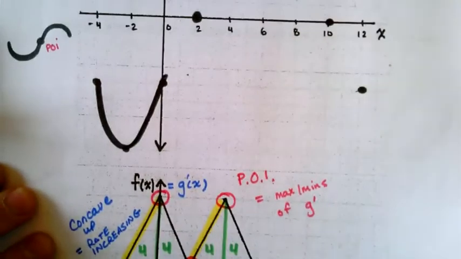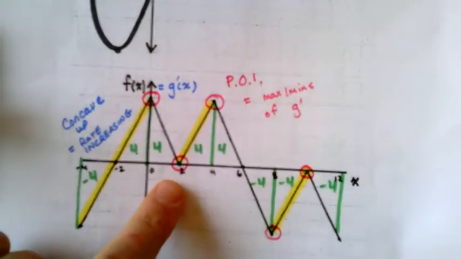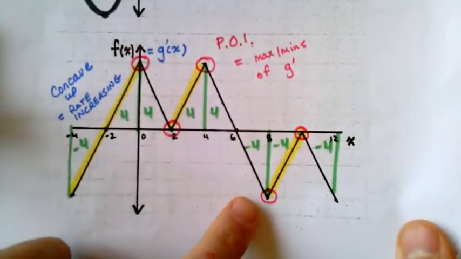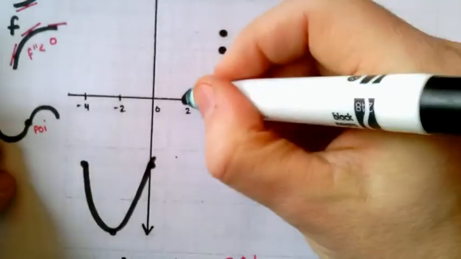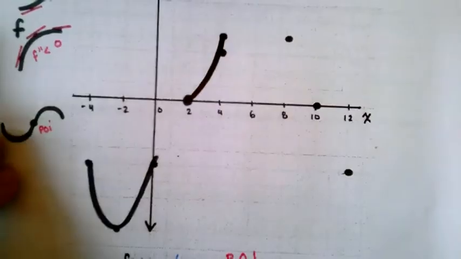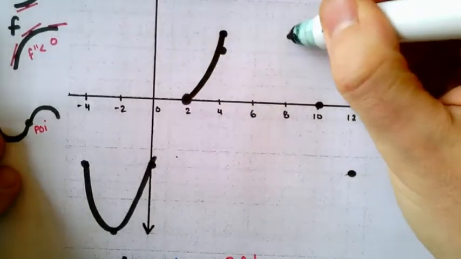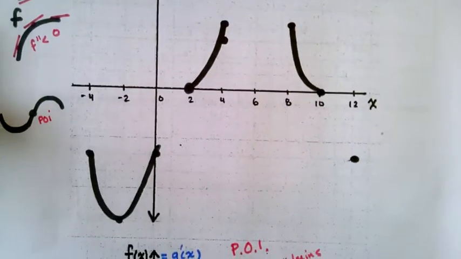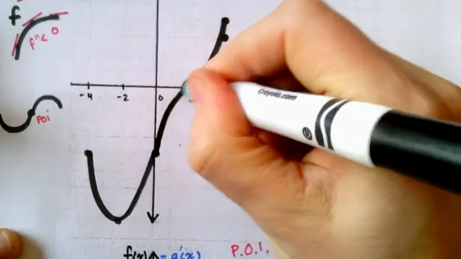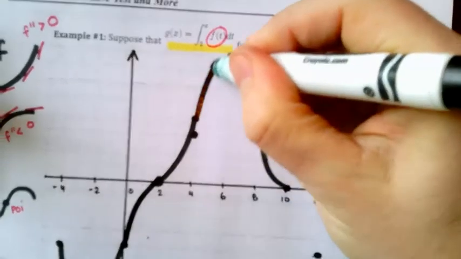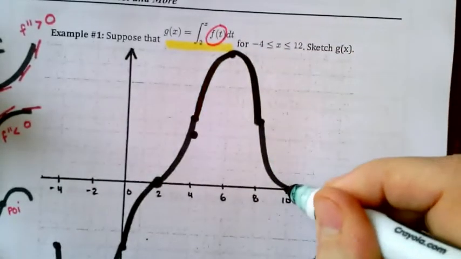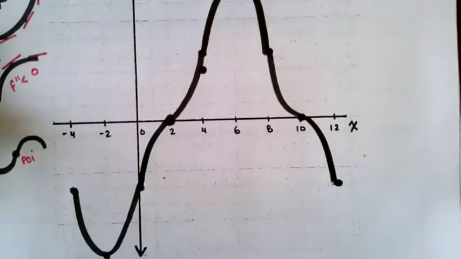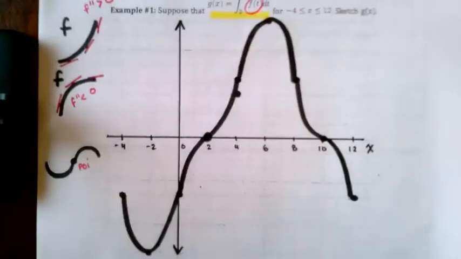Okay, the other place where we want concave up is from 2 to 4 and then from 8 to 10. So I'm going to come up here and from 2 to 4, concave up, and from 8 to 10, concave up. Everywhere else, the rate is decreasing, so it should be concave down, concave down, concave down. And there is the graph of G.